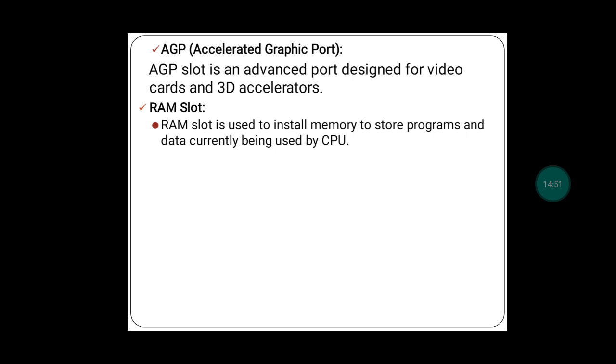Okay, next is the RAM slot. We already know RAM is nothing but memory. What type of memory is it? It is a primary memory which stores programs and instructions that are currently being executed by the CPU.